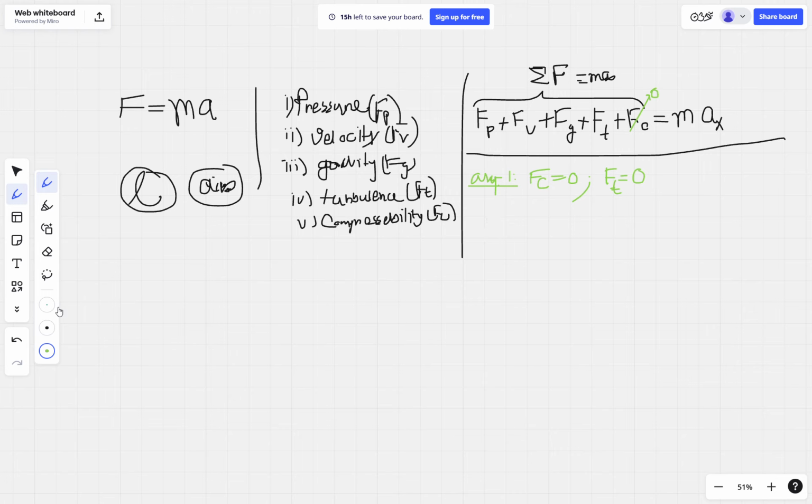After that we can write it as F of P plus F of V plus F of G equals m a x.